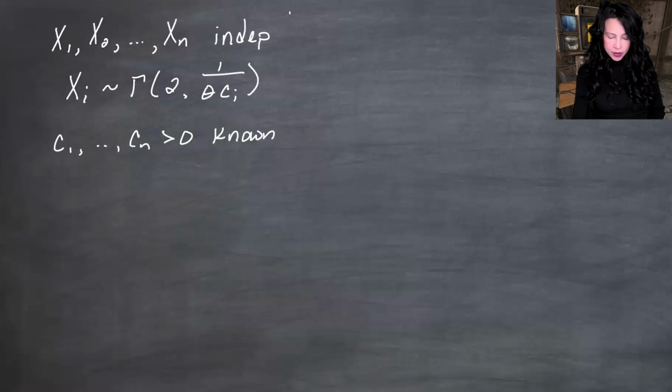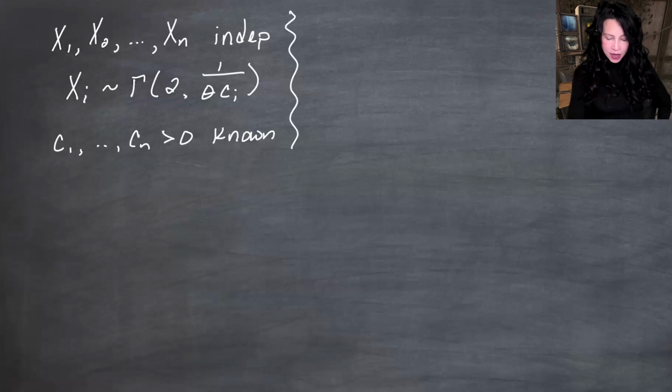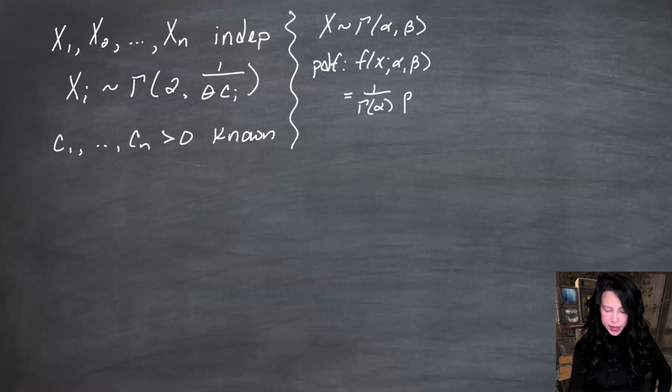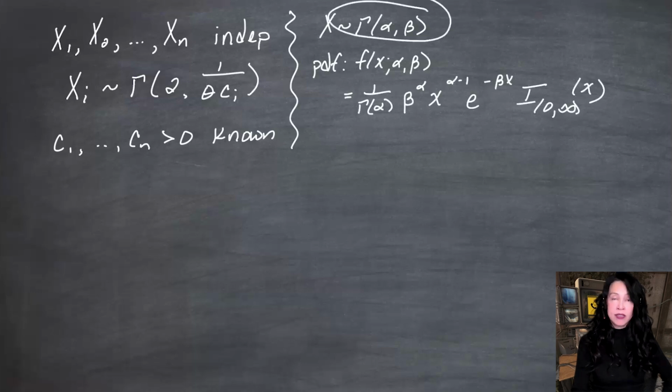As a quick reminder, in case you're watching this video and you're not in this class, when I say X has a gamma distribution with parameters alpha and beta, I mean that the PDF is 1 over the gamma function at alpha, beta to the alpha, x to the alpha minus 1, e to the minus beta x, and then an indicator that says that x takes values from 0 to infinity. Whereas other people, when they write this, they're going to mean this PDF with 1 over beta every place that I have a beta.